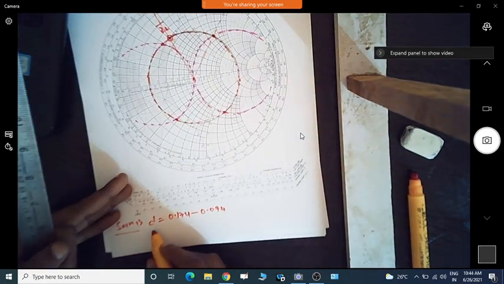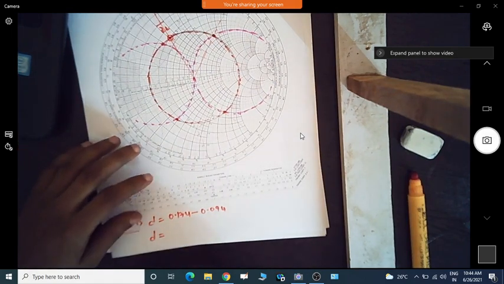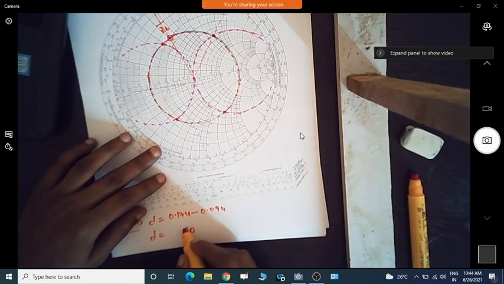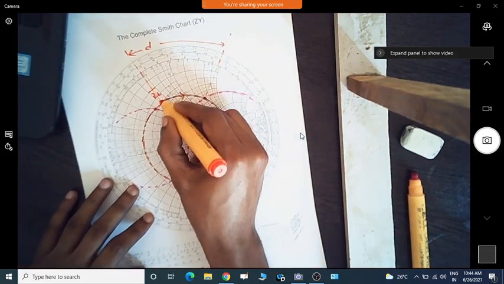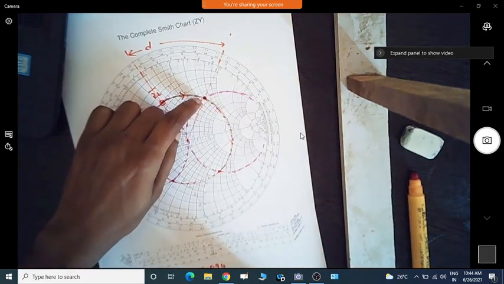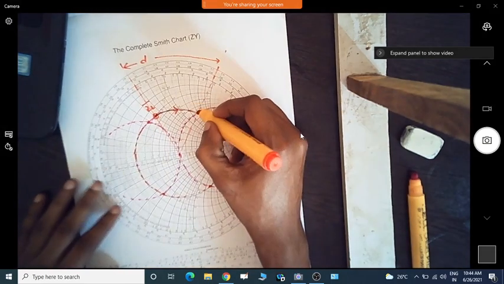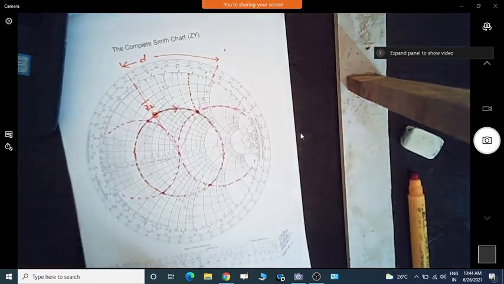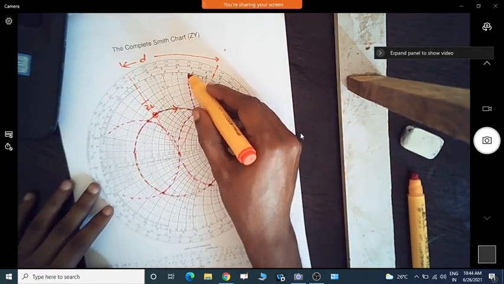So the distance we are moving on the transmission line is 0.080 lambda. This is the distance we are moving from this point till the unity resistance circle. Now at this point, the reactance value is 1.4.